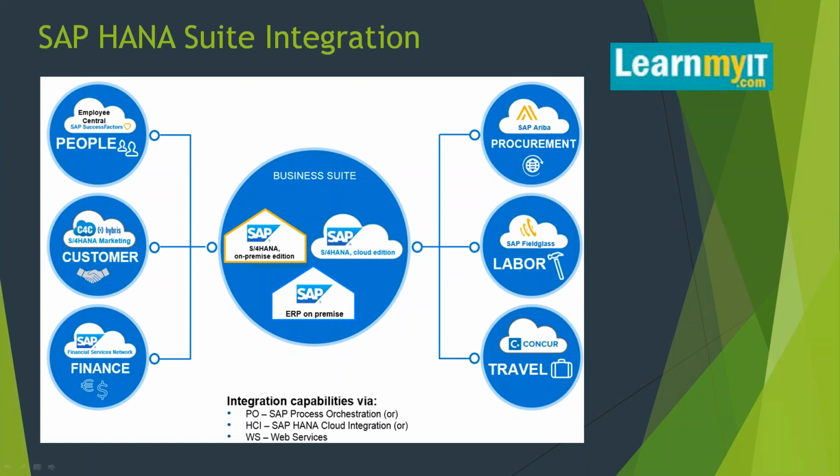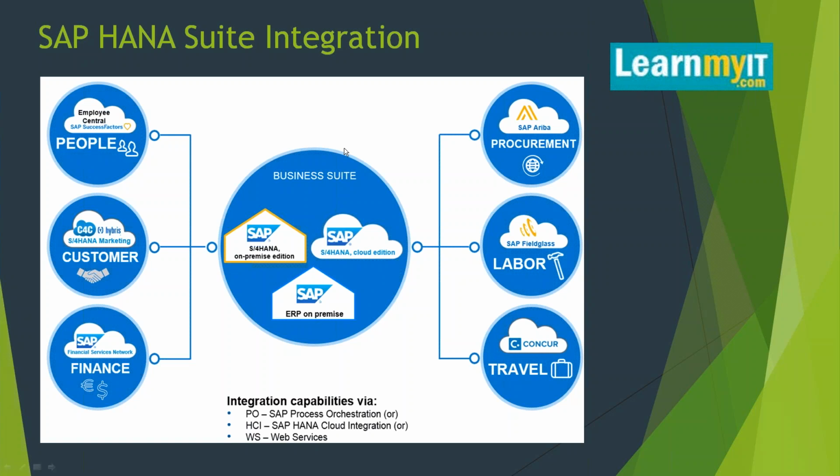Here we have different capabilities introduced by SAP for us, like PO, the process orchestration, HCI, a cloud-based integration, and finally web services, where your web systems can also consume or provide web services to the outer world and integrate themselves, right?